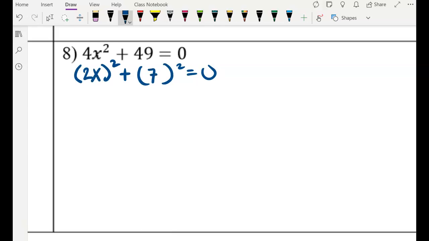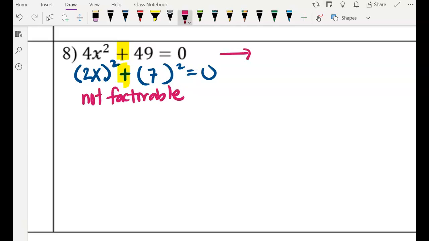And then 7 squared will be 49. But here's a dilemma. We know that the difference of two squares is going to be factorable. But remember, the sum of two squares is not factorable. So this is not factorable. Okay? If it's not factorable right now, we don't need to go further.